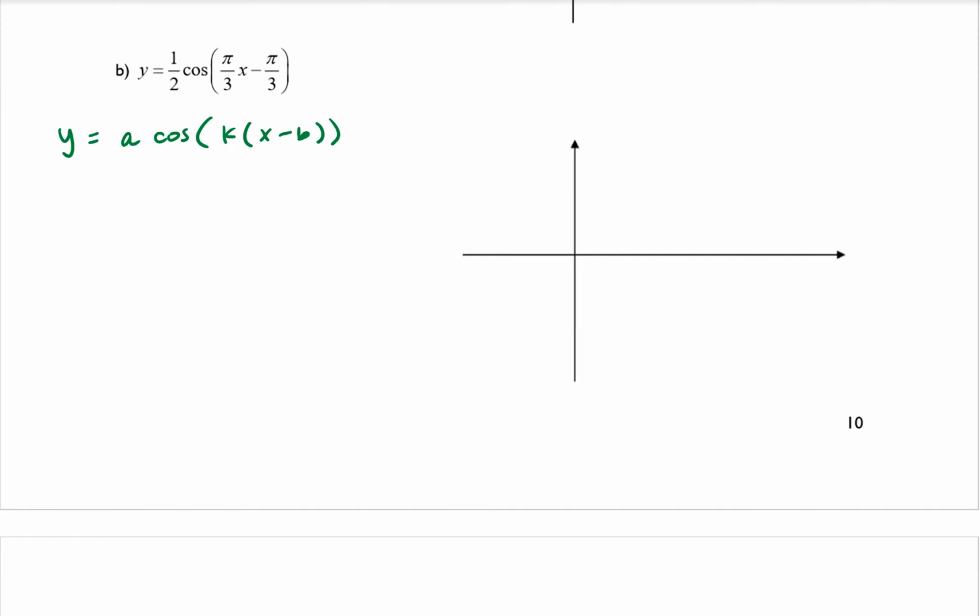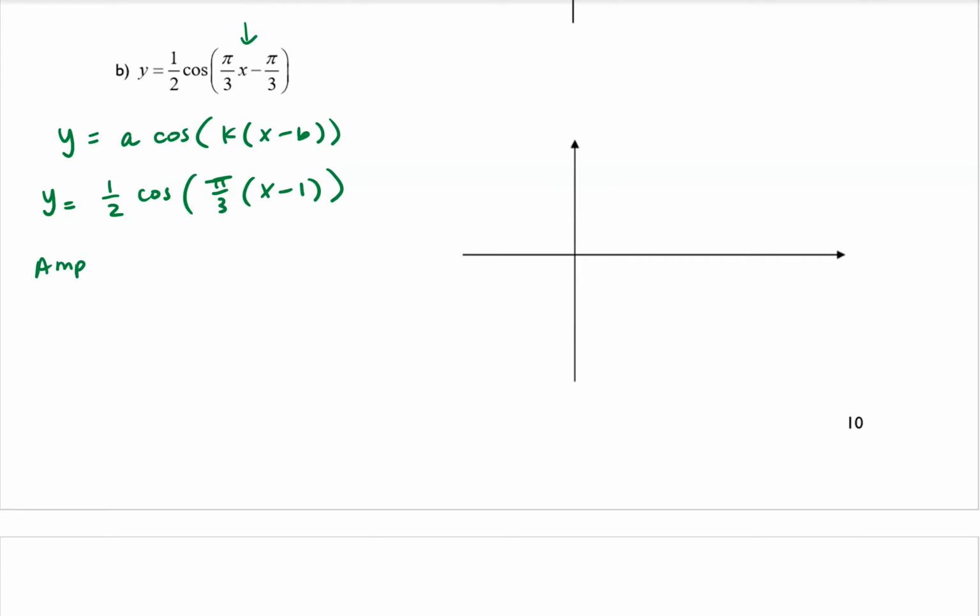And so what we're going to have to do is factor out pi over 3 inside the parentheses so that we can identify what the k value is. So now this is going to look like y equals 1/2 cosine of pi over 3. And if I factor that out from both terms, I'm going to get x minus 1 left over.